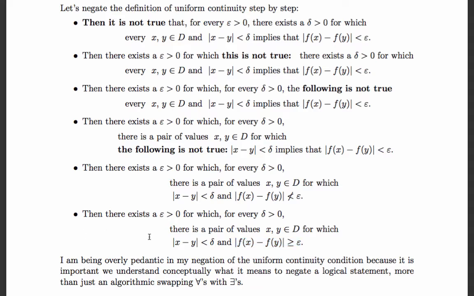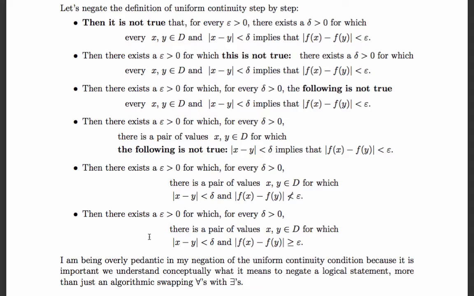Right? There exists an epsilon where everything fails. What does it mean everything fails? It means for every single delta, there's a corresponding pair of values x and y that are within delta of each other, but f of x and f of y are greater than or equal to epsilon.